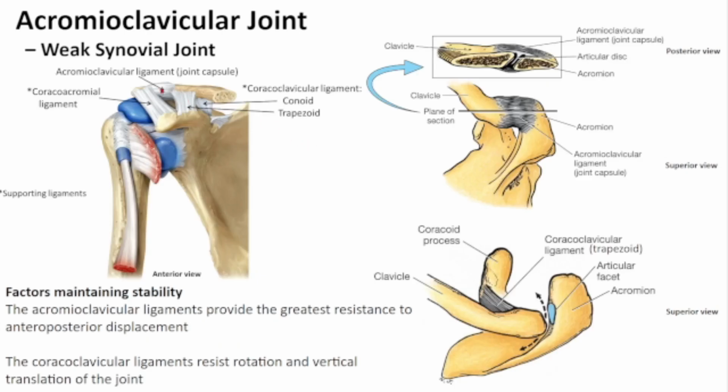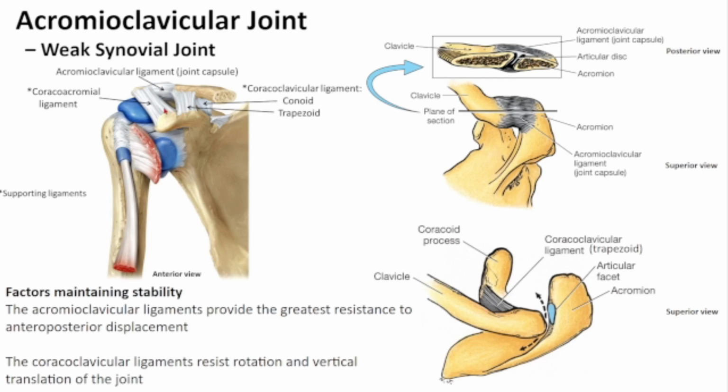So talking more about the AC joint, as we would call it, it is a synovial joint. It has a little tiny articular disc in it. It can have a joint effusion, so you can see swelling there. It is a stabilizing joint for the shoulder, primarily in anterior, posterior, and superior, inferior, and rotational. So the AC ligaments, so the acromioclavicular ligaments, provide resistance to forward, backwards, or anterior, posterior displacement.